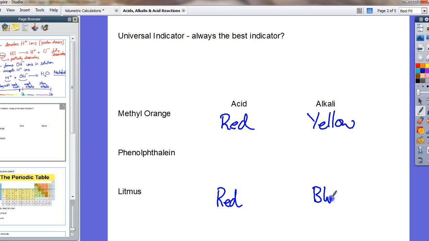And phenolphthalein, which is my favourite, is colourless in acid, and in alkali it's a lovely magenta colour. Look at that magenta colour. It's my favourite because it's so obvious when the substance is changing from colourless to magenta or from magenta back to colourless.